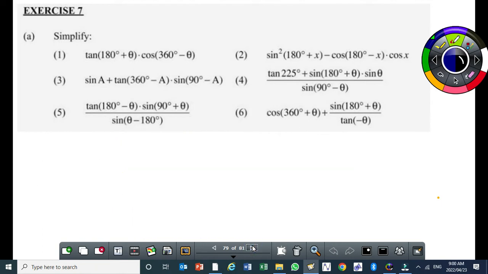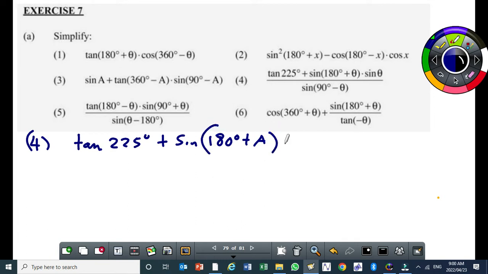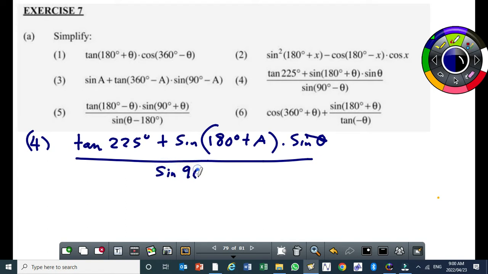And the next one, number 4, we have tan 225 degrees plus sine 180 degrees plus A times sine theta, all over sine 90 minus theta.